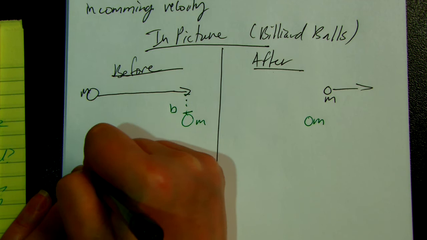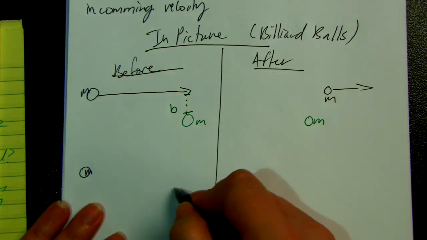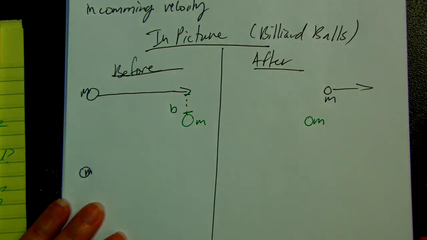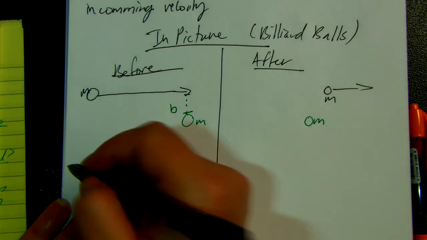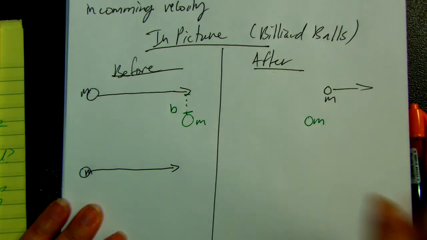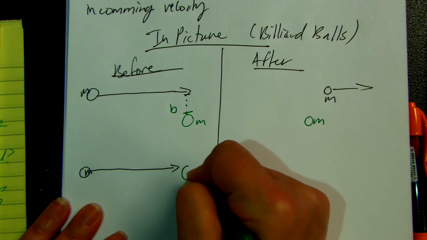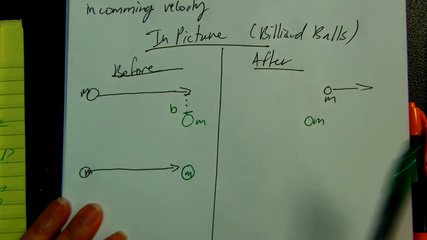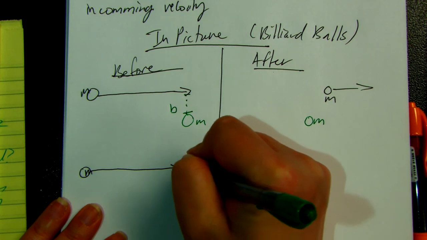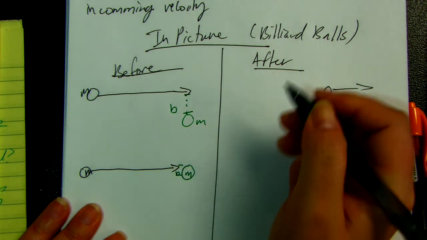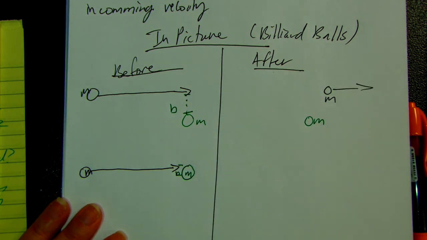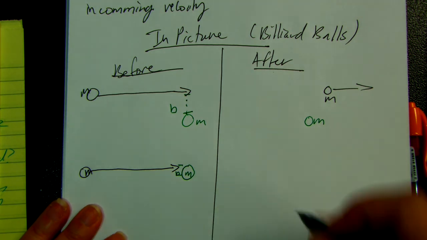We could also have M and, in this case, this ball is going to graze this ball.